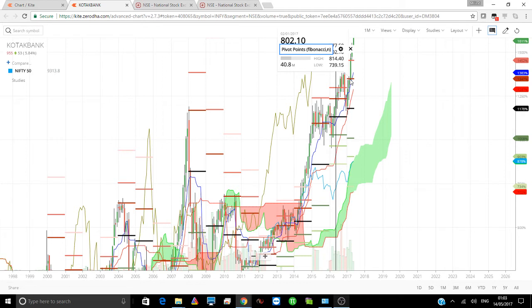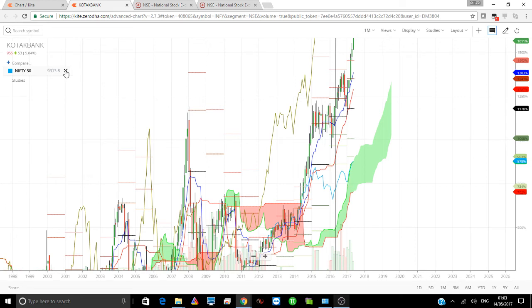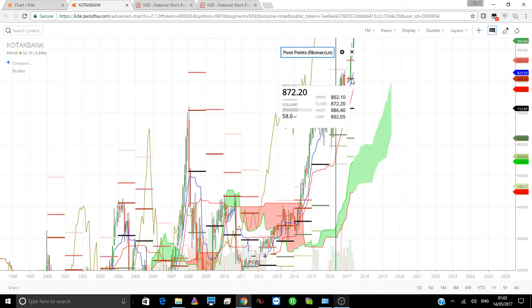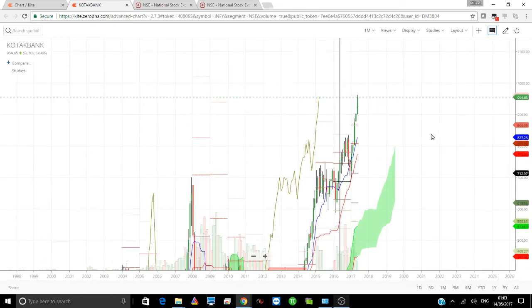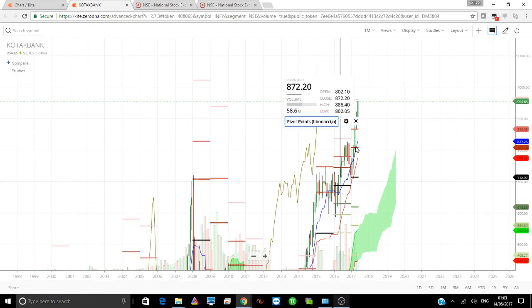Oh, sorry, how can it be? Oh, because I have put in the comparison, it is showing the comparative levels. Okay, it needs to come down to these levels, which is 820 odd. So if it comes down from 950 to 820, I might be happy buying it.